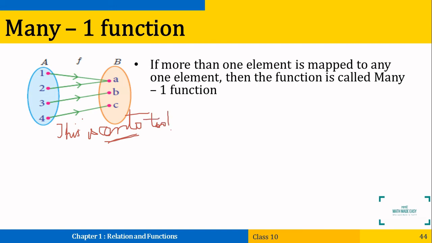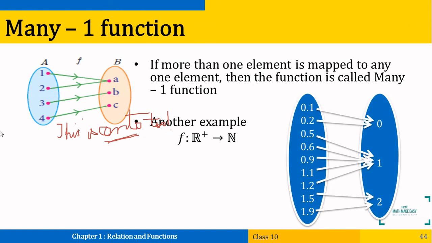So, this function is called a many-to-one function. Let us consider another example, which is called the round off function, right. Let f be a function from the positive real numbers to natural numbers. So, we round off certain values: when the digit at the desired decimal place is less than 5, the preceding number is taken, and if it is more than 5, the succeeding number is taken, right.